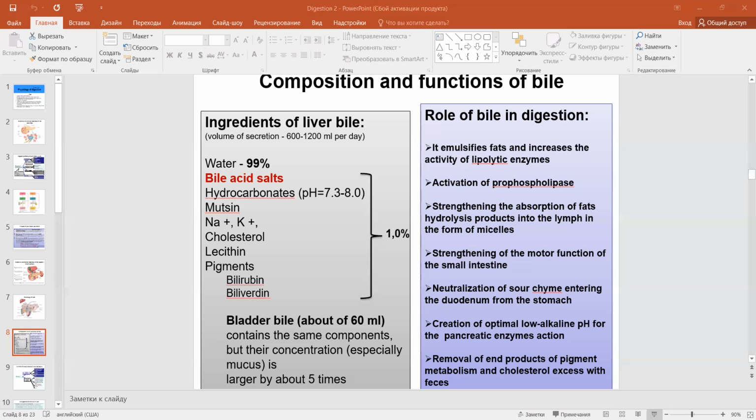Some absorption takes place within the colon, but not to the same extent as in the small intestine. Because the luminal surface of the colon is fairly smooth, it has considerably less absorptive surface area than the small intestine.